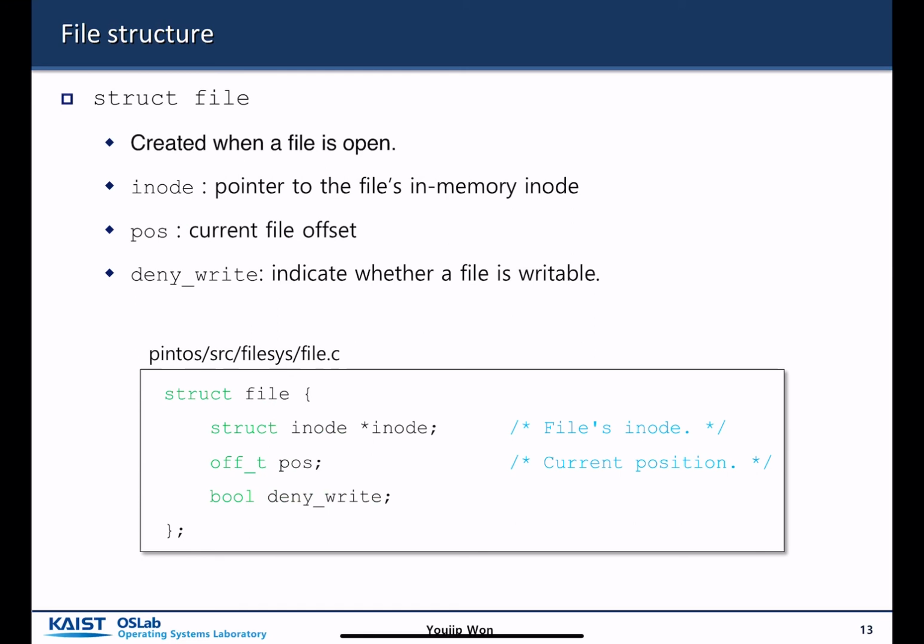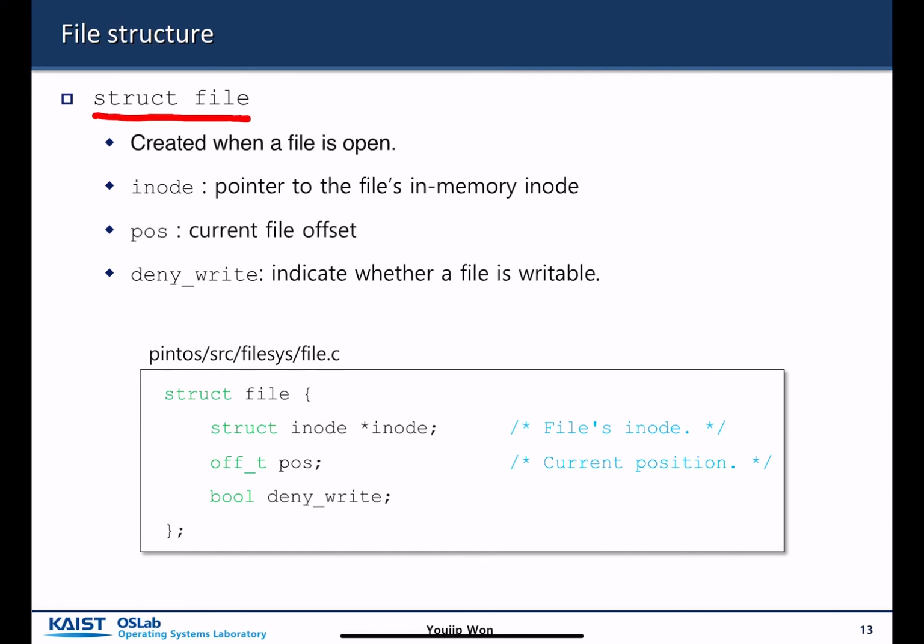There is another important data structure, struct file. It is created when a file is open. Remember, for a closed file, this data structure is not created. So this struct file is allocated and created when a file is open.